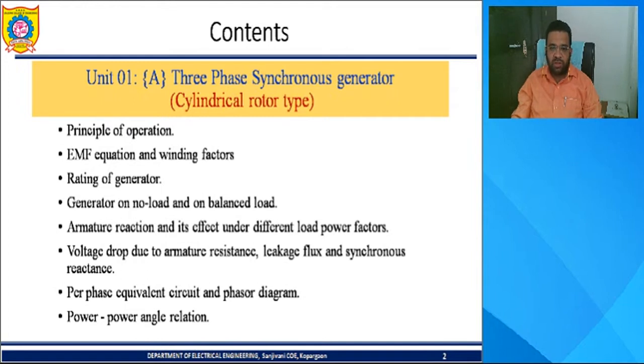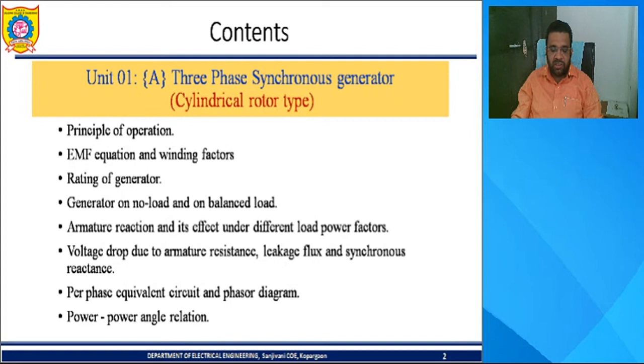Now for today's topic, our syllabus for the three-phase synchronous generator covers the principle of operation, EMF equation, and winding factors. No doubt, an AC machine is called a rotating transformer.